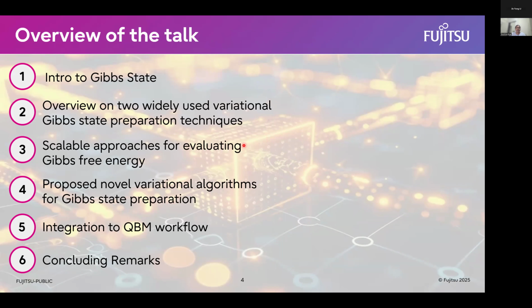Then I will tell the motivation for why we want a novel variational algorithm, given that there are different existing techniques for Gibbs state preparation, introduce you all to the framework proposed by us, and finally, we'll conclude by giving the details on how we can integrate this novel variational algorithm for training a quantum Boltzmann machine, a variational quantum Boltzmann machine.